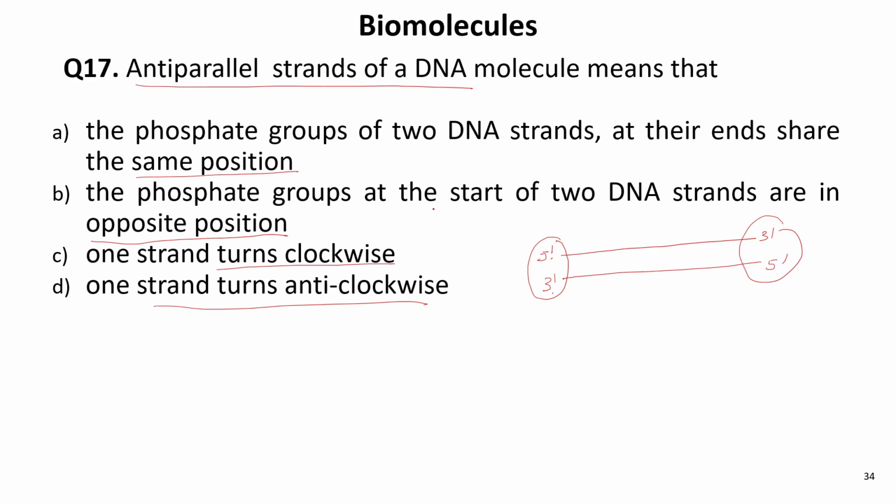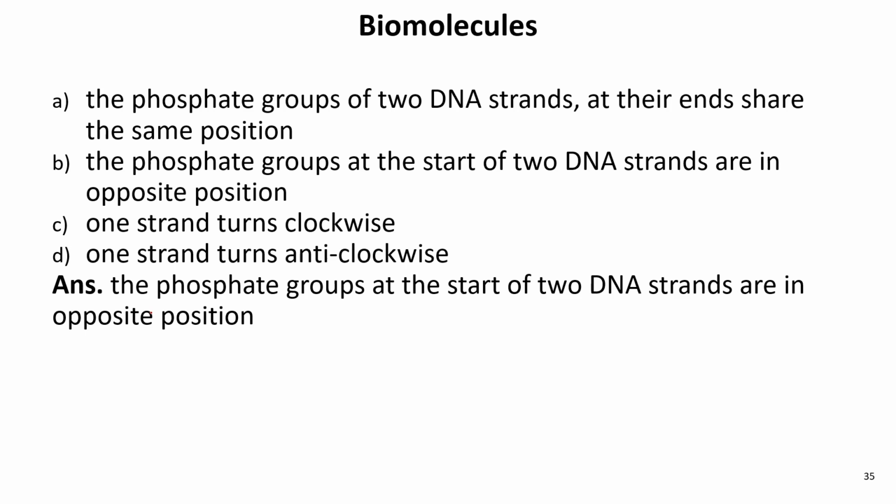So the phosphate group at the start of the two DNA strands are in opposite direction. So the correct option is option B. The phosphate group at the start of the two DNA strands are in the opposite position.